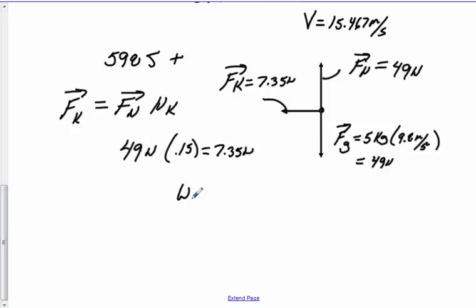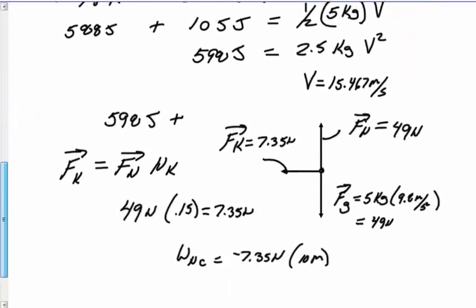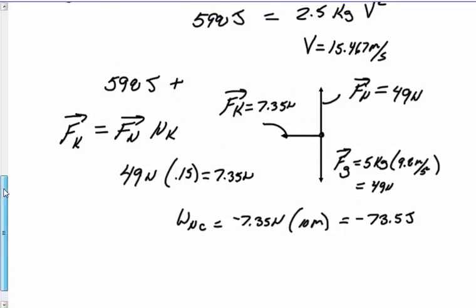So the work done by the non-conservative force equals negative 7.35 newtons times 10 meters, the distance it travels across here. That gives me negative 73.5 joules. So that's how much work is being done.